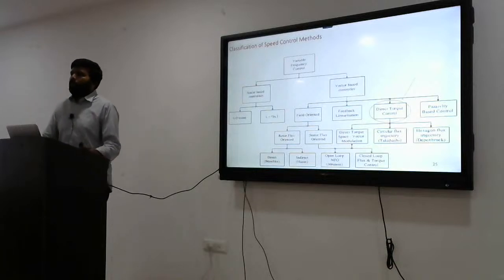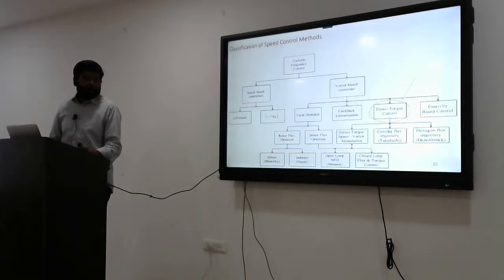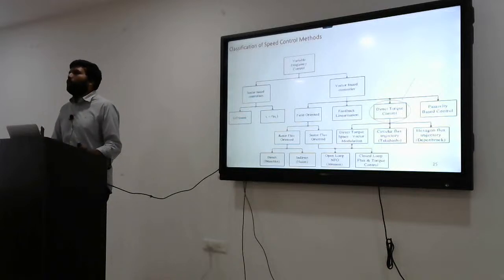That's why nowadays all grid connected inverters in power quality issues, in electrical drives, in PV application, everyone is adopting transformation techniques to control the signals effectively.